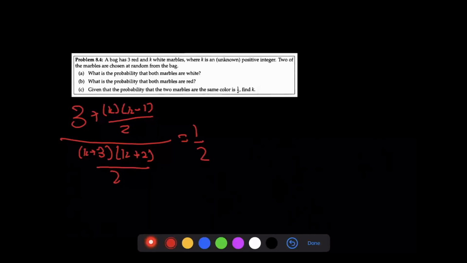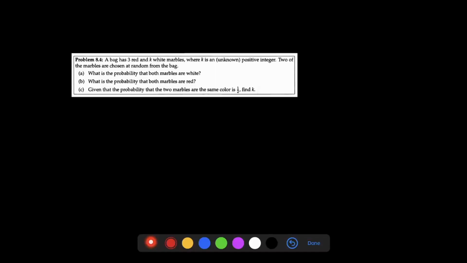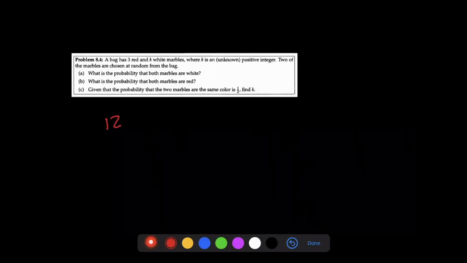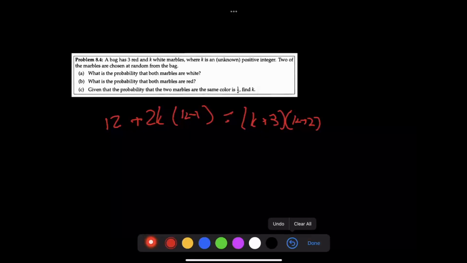If we simplify this a lot by cross multiplying and then simplifying further, you get 12 plus 2k times k minus 1 is equal to k plus 3 times k plus 2. And expanding everything and then subtracting everything to one side gives you k squared minus 7k plus 6 equals 0.